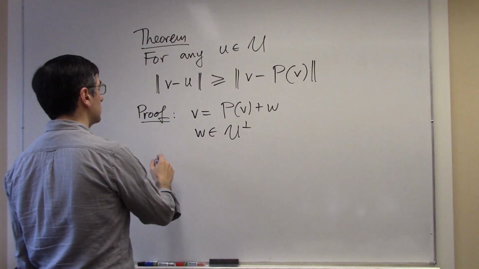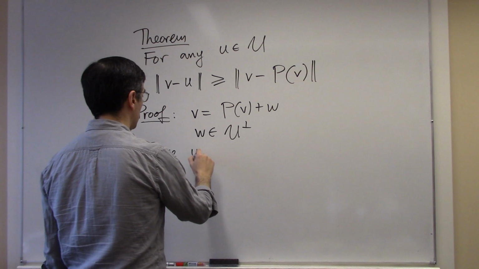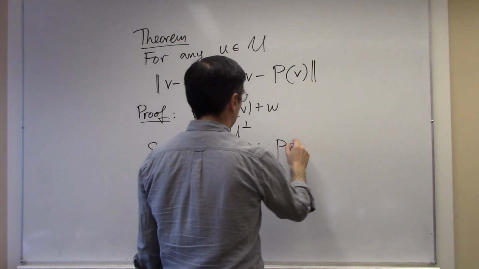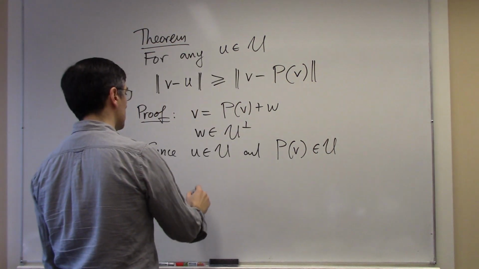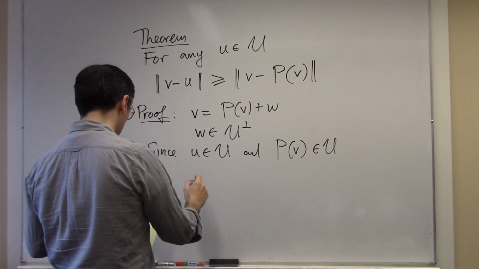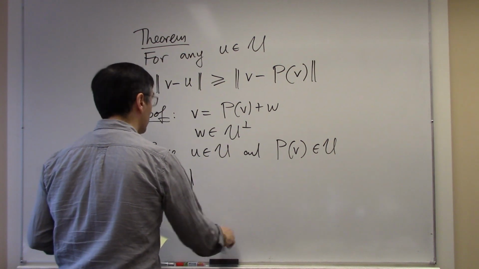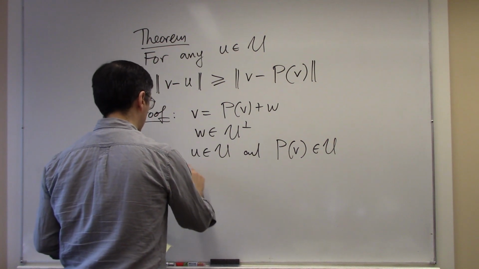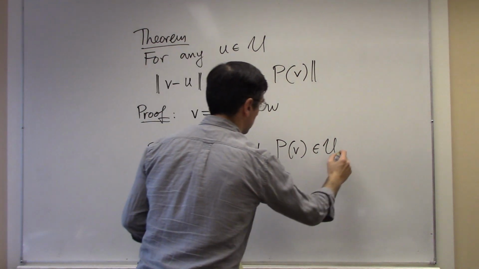Since u is in U and PV is in U, this PV minus u is in the subspace.